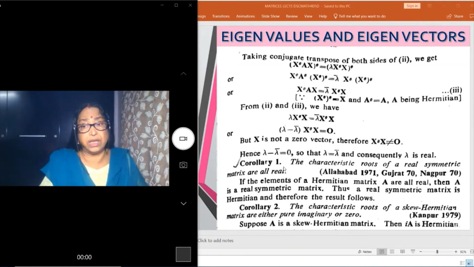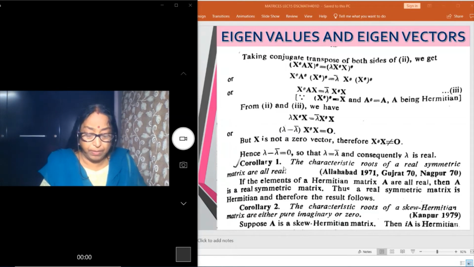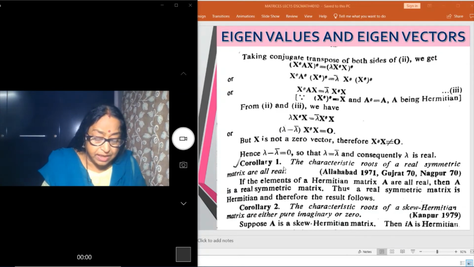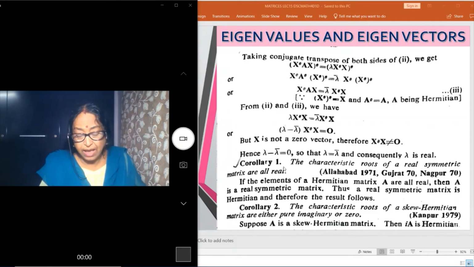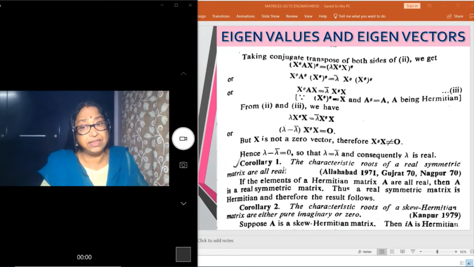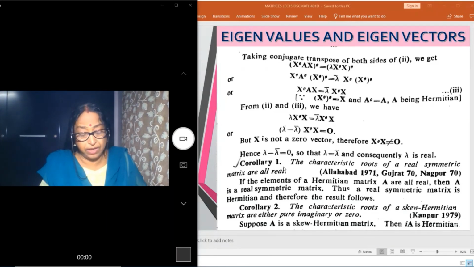Next, another thing is given, which is also very important. The characteristic roots of a real symmetric matrix are all real. This is the continuation of the first one we did here.